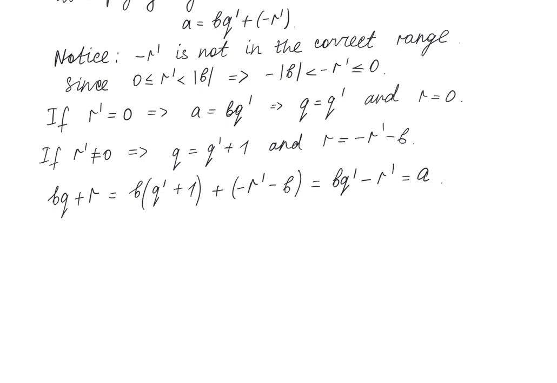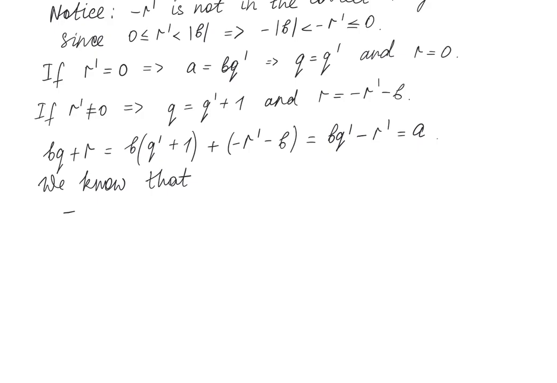So we know that minus absolute value of b is less than minus r prime less than or equal to 0 can be written as just b less than minus r prime less than or equal to 0, because b is less than 0, it means absolute value of b is minus b, and minus absolute value of b would be just b.